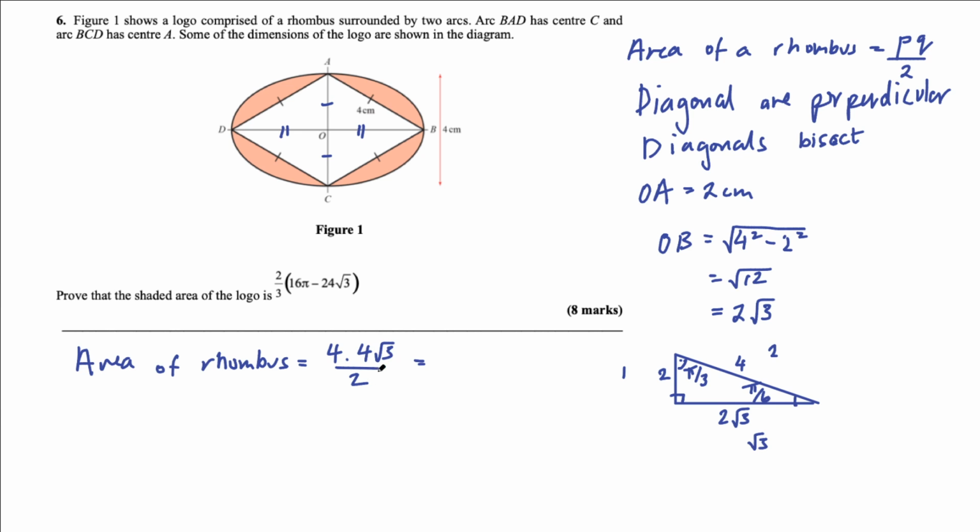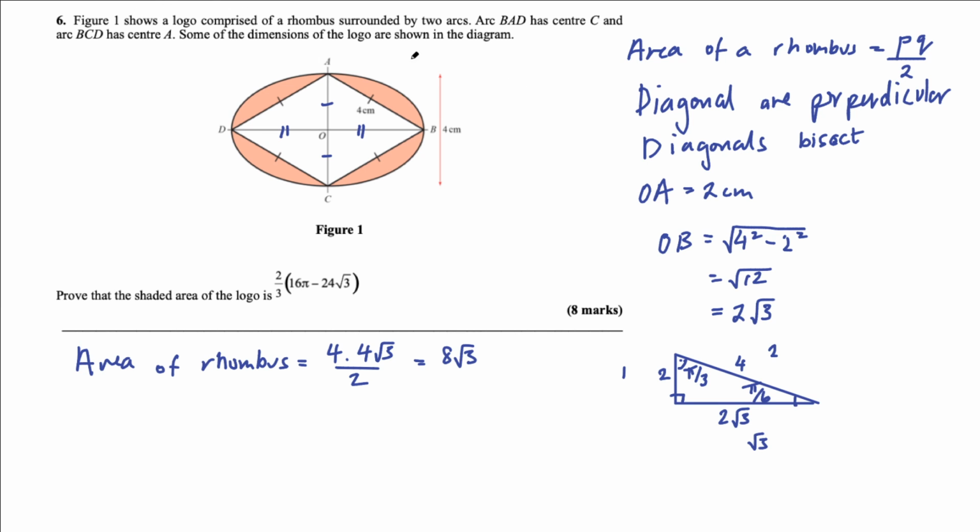So the area is going to be 4 multiplied by 4 root 3 divided by 2. That's 8 root 3. Okay, we're looking for this orange area. Now we can't assume that it's a circle. They haven't told us it's a circle. Oh, do they say ellipse?